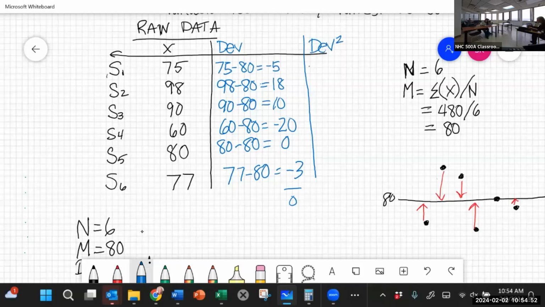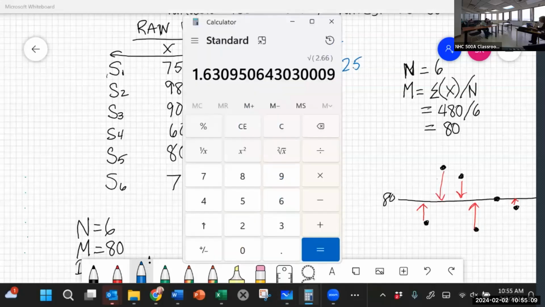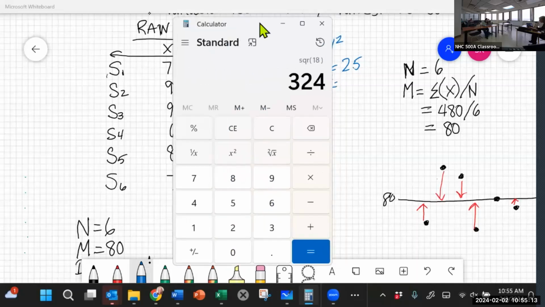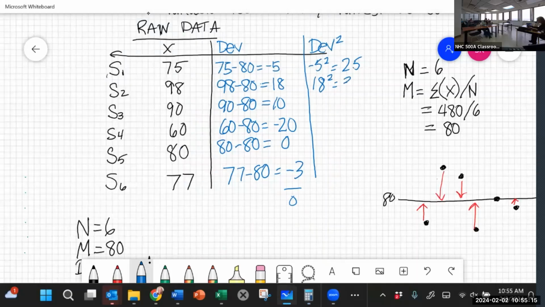All right, negative 5 squared equals 25. 18 squared equals, let's pull up the calculator. 18 squared is 324. 10 squared equals 100.